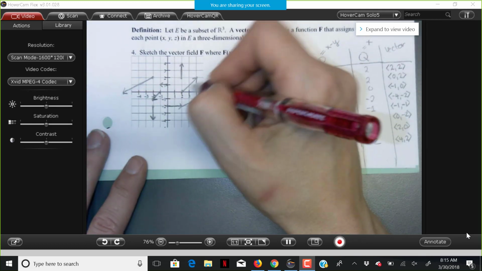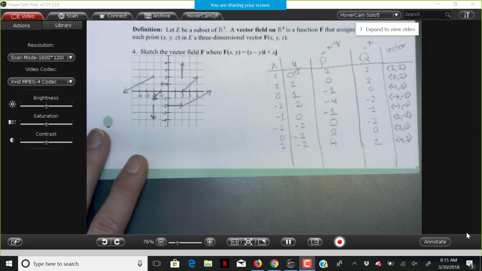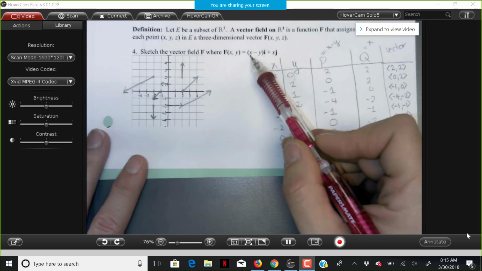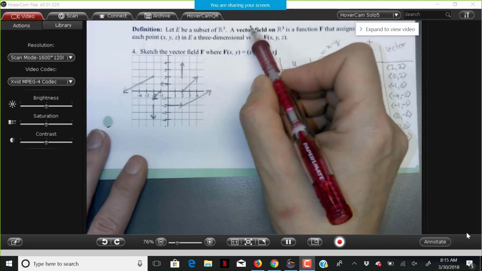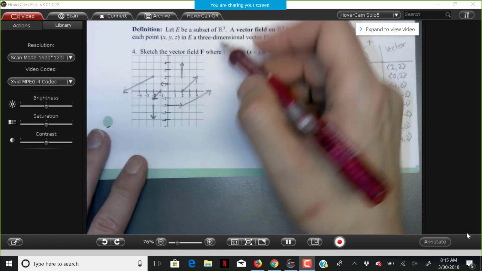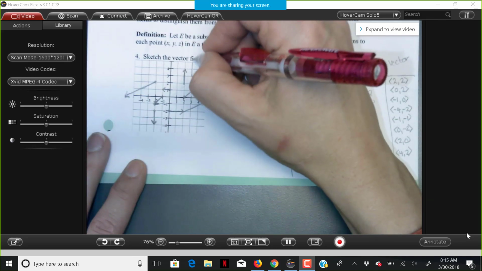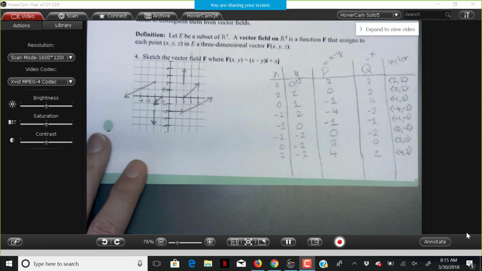Like, okay, at this point you see you're going that way. But here's the thing. Whenever we're on the line y equals x, then at some point you're going to end up going vertically, right? It's just they get more and more vertical when you're on the line y equals x.